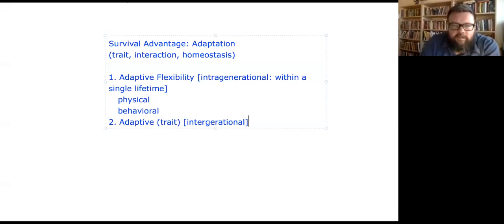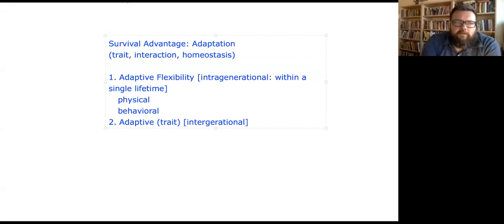Okay, it's organism to offspring to offspring. Most traits cannot be changed by an organism. Most traits have to gradually change over time as the genes change and flow between generations.